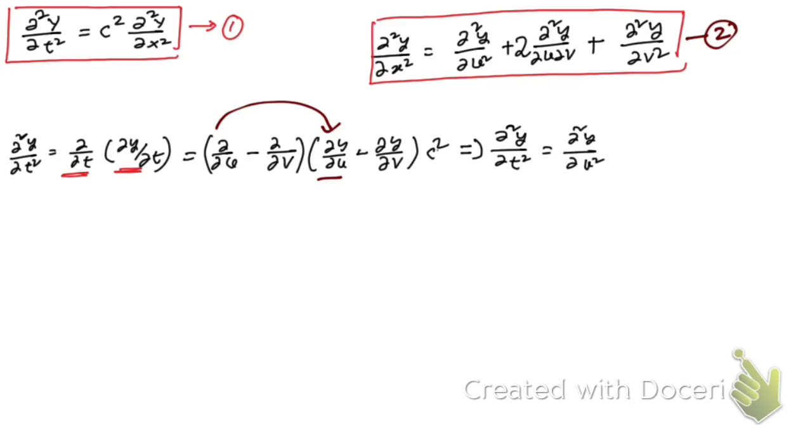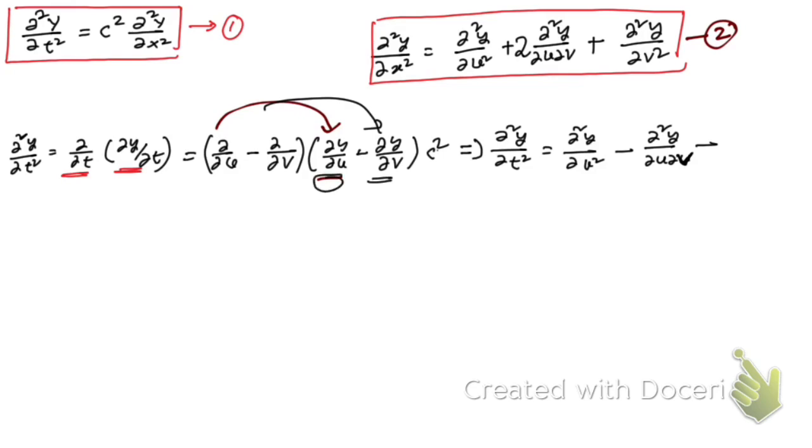Then operate this one by this, then you're going to have minus del 2y by del u del v, right? Del u del v, then plus, if you operate this term by this second term, then sorry, not this one, just wait.